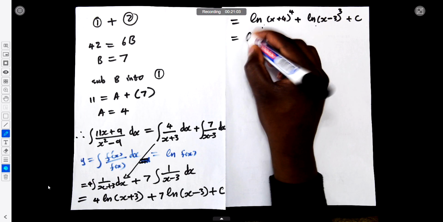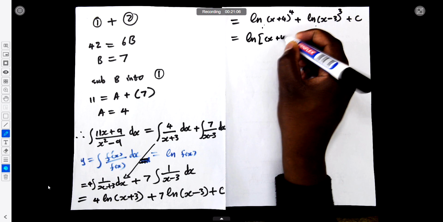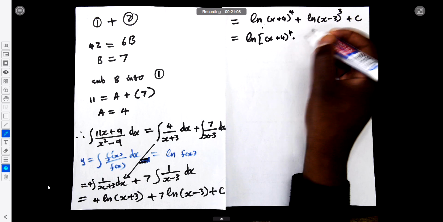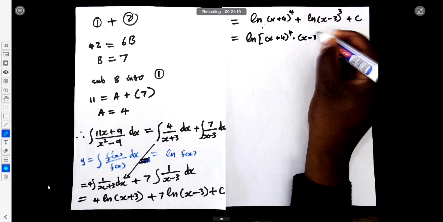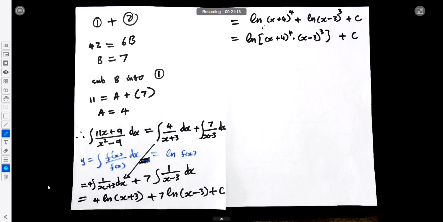So you can have ln of (x plus 4) to the power of 4 multiplied by (x minus 3) to the power of 3, close shop, therefore plus c. So that is the log rule. If the bases of the logs are the same and the coefficients are the same in addition, we can have the product of what is inside the logs. I hope you still recall that one.